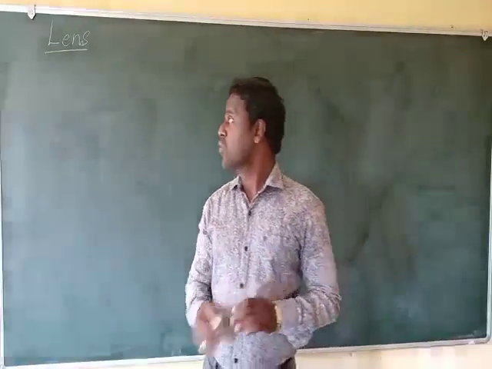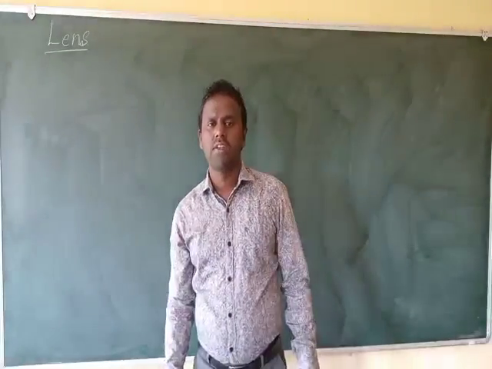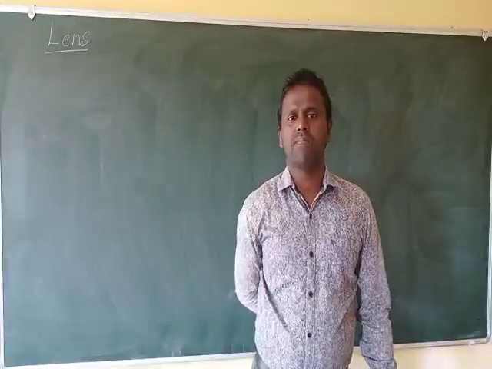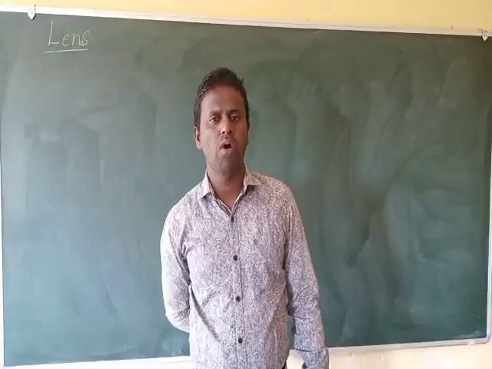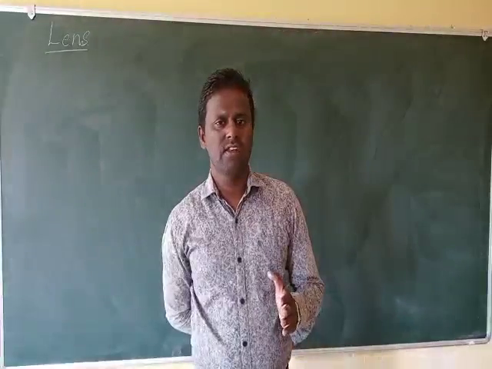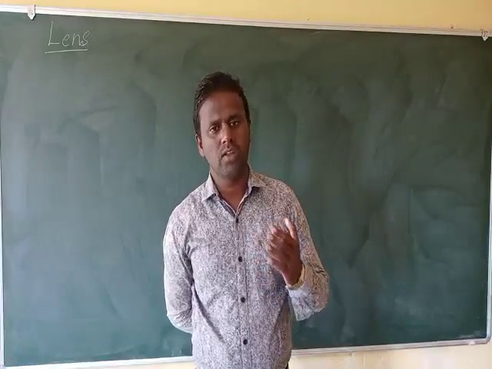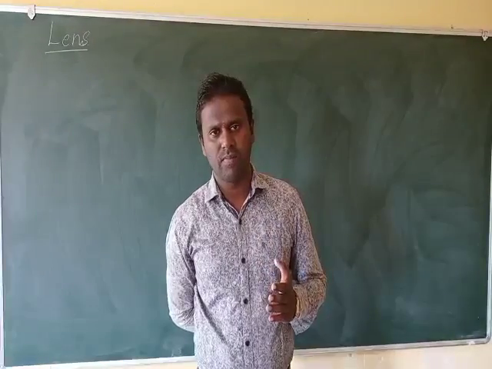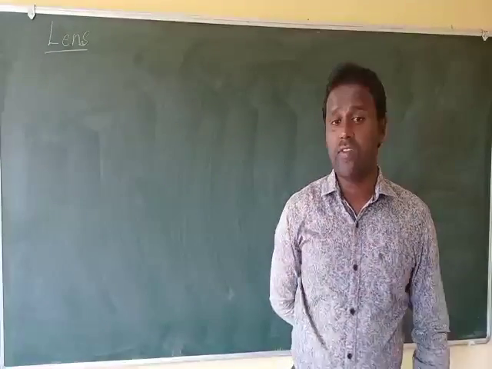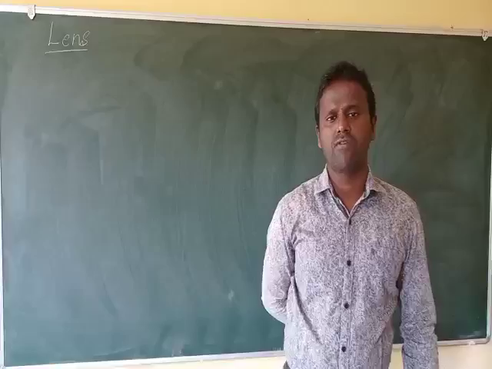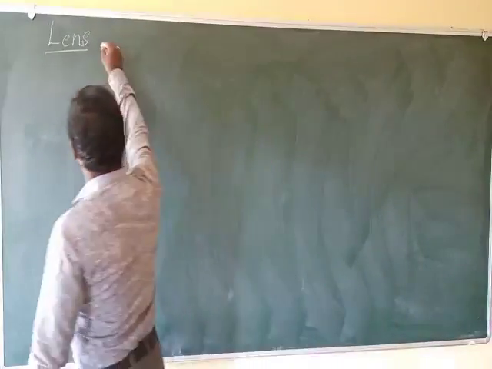So see how to define the term lens. A lens is an optical medium surrounded by two surfaces, among which one is spherical or both are spherical or cylindrical. Spherical or cylindrical, it will be like that. And here the lens exhibits refraction of light.